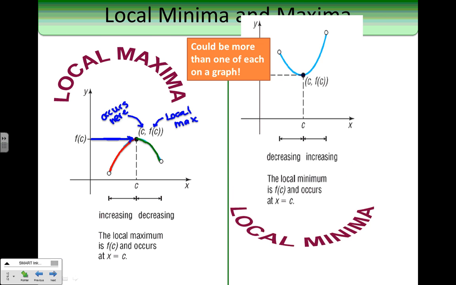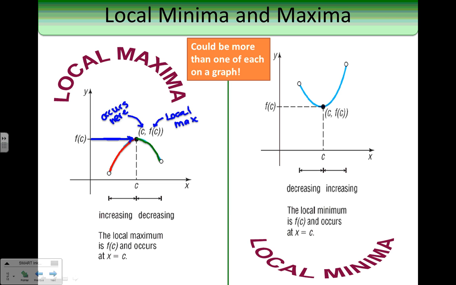The other way is going to be your local minima, and that is just the exact opposite. A minimum is when, starting on the left, the graph was decreasing, and as soon as it gets to that point, it starts increasing immediately. So it has to be decreasing and then immediately start increasing on the other side.